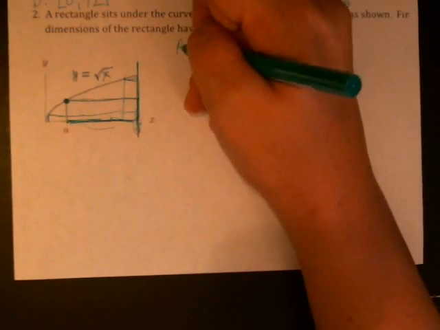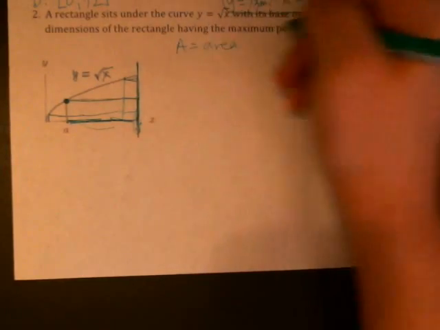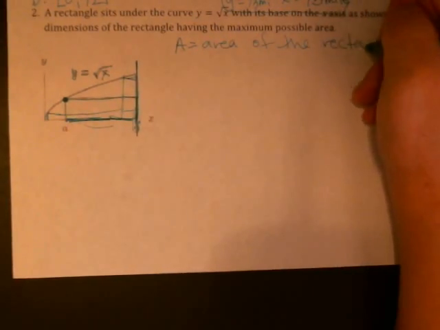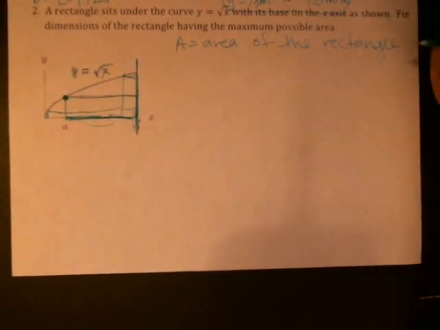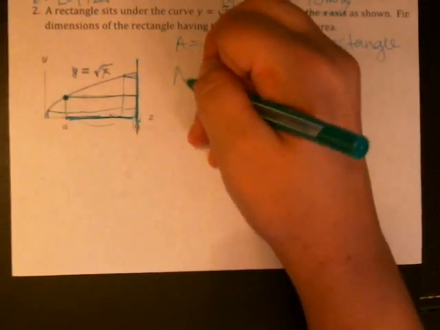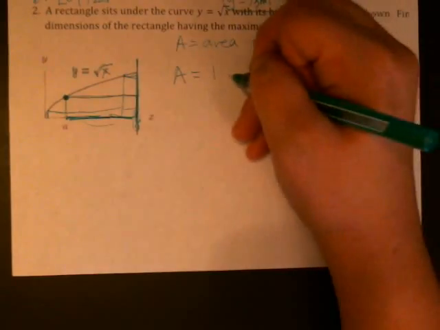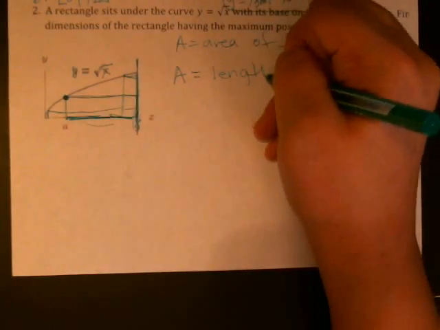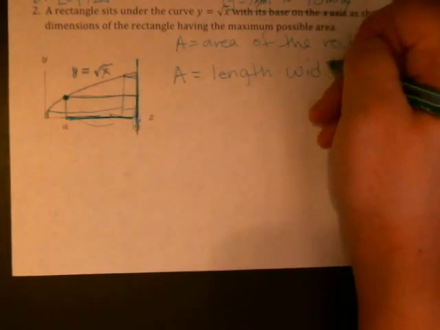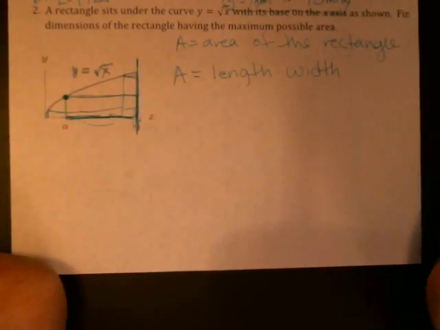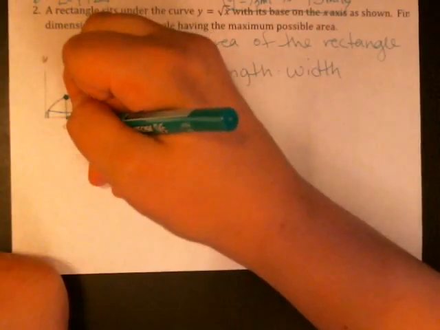So once again, I'm going to say A is the area of the rectangle. So whatever you're trying to maximize or minimize, define a variable for that. And this one is actually nice and simple in the beginning. The area of a rectangle is just going to be a length times a width. So I just have to figure out how to fill those in. So let's see.